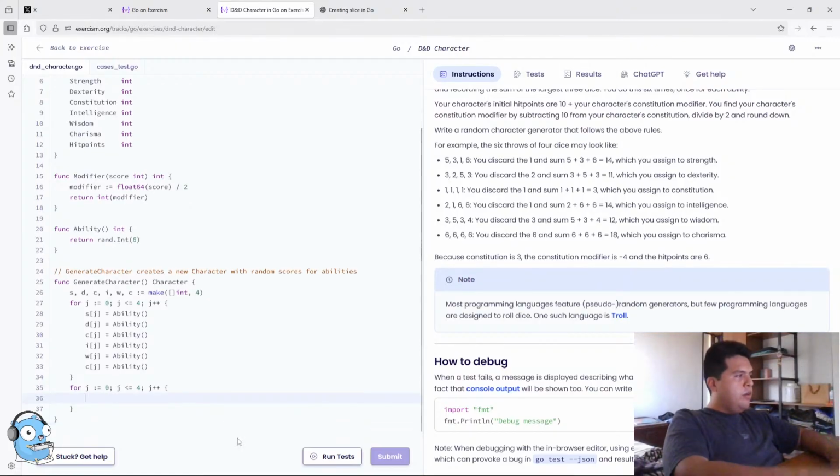I will compare every one, okay, for k equals to j plus 1, k is less than 4, and k plus plus.